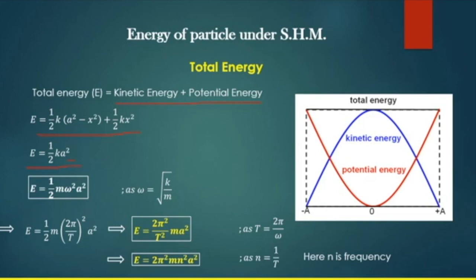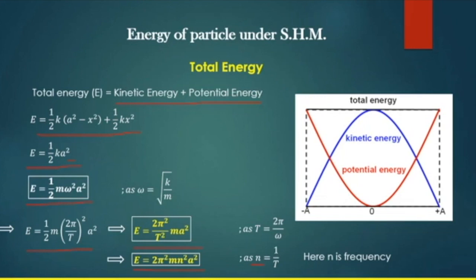Now putting the value of k, we can get E equal to half m omega square A square. We can get the total energy in terms of time period and also in terms of the frequency, which is n here.